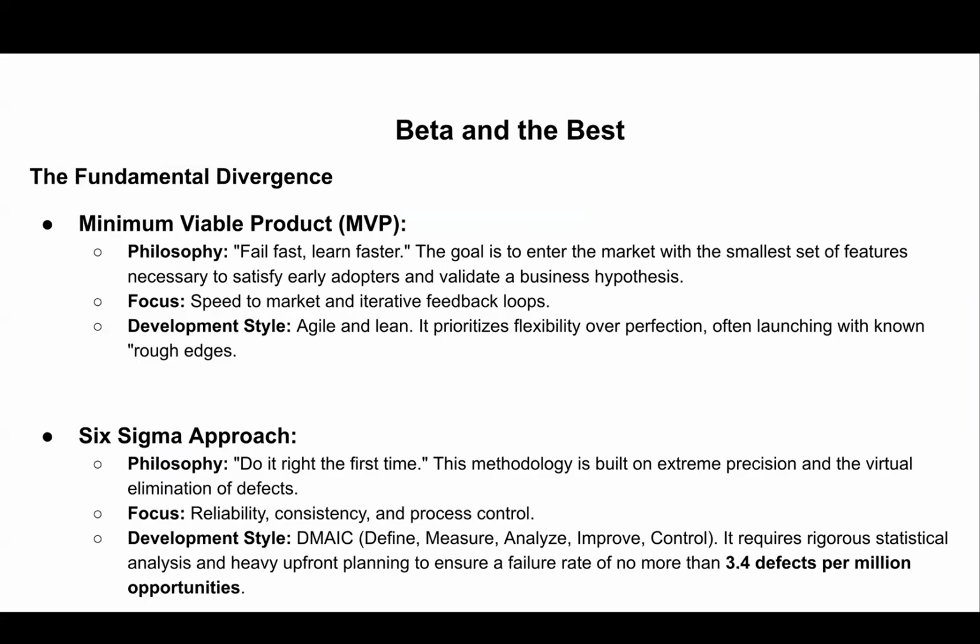So we're trying to be the first to the market with the minimal amount of features that the market will accept because we're trying to get to those early adopters and get our business hypothesis proved in the marketplace. And so speed to market and quick iterative feedback loops is important.